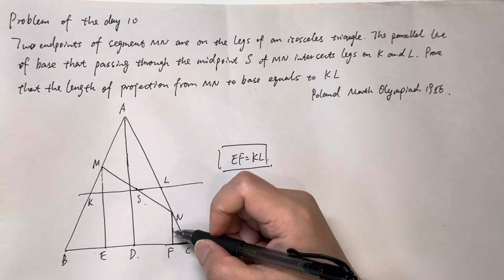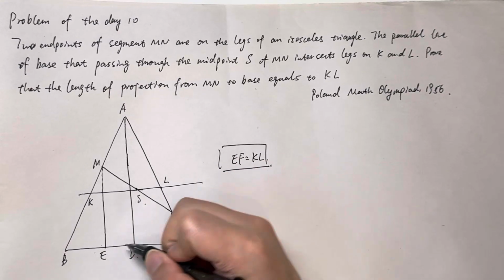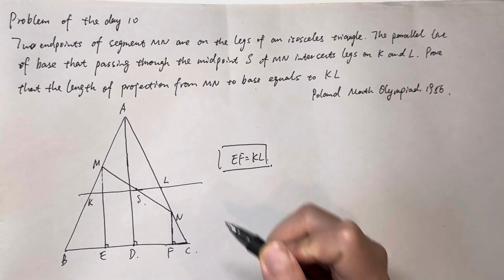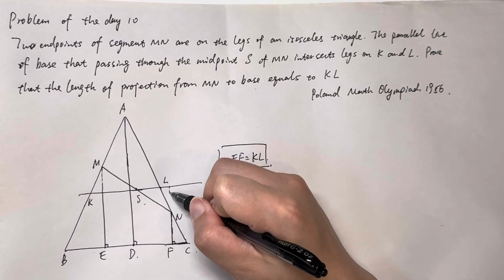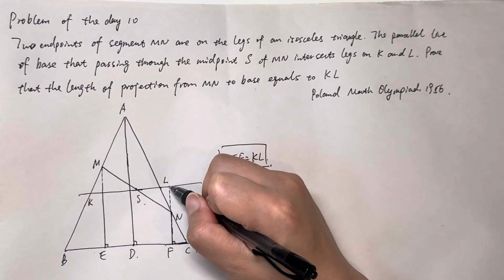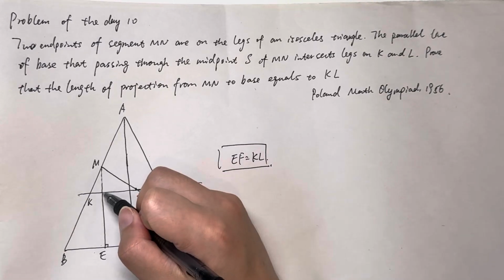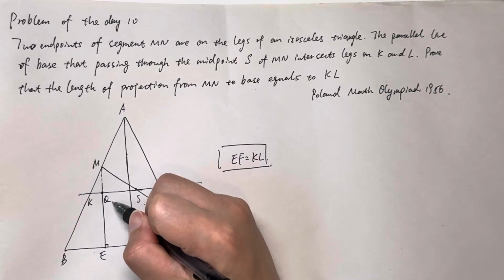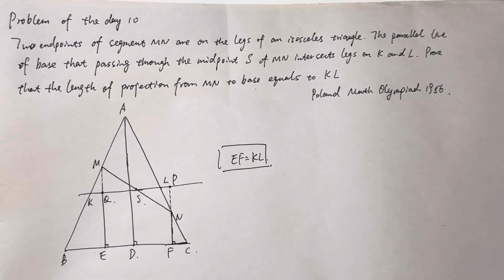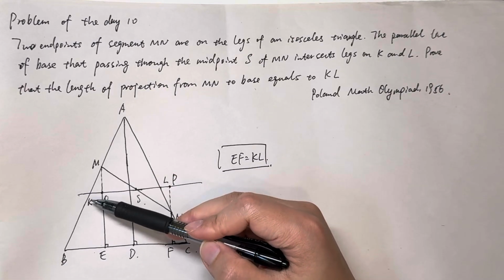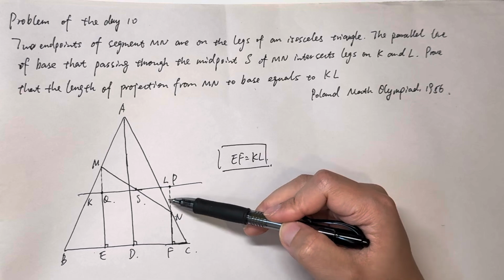So let's extend NF. We know these are all perpendicular lines, so we extend NF, and it meets this point, we call it P. And for this point, let's call it Q. Let's look at the triangle MKQ and triangle NLP.